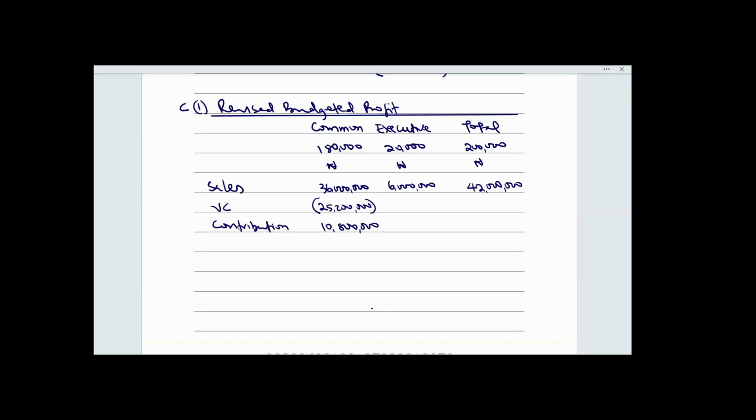Then the variable cost of executive is 180. 180 multiplied by 20,000 gives you 3.6 million. When you less it from 6 million, that will be 2.4 million. Okay. So when you add the two, 25,200,000 plus 3.6 million, that's 28,800,000.